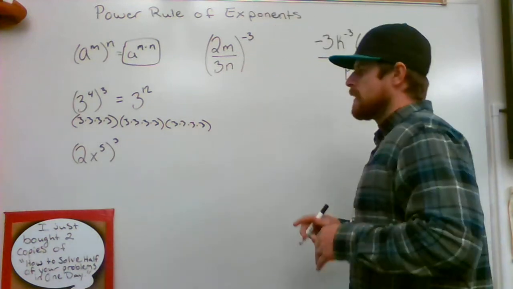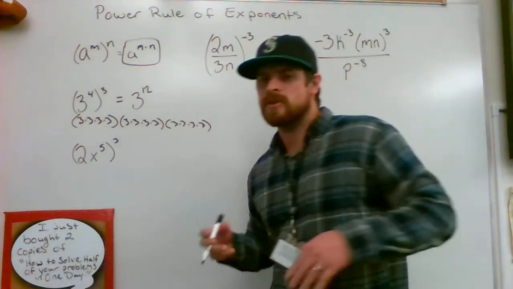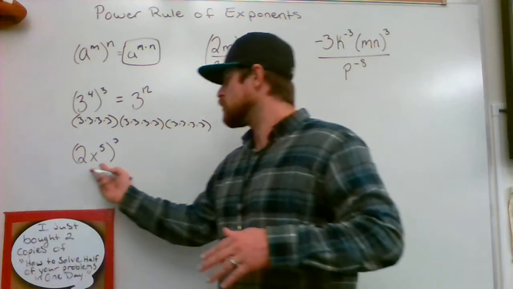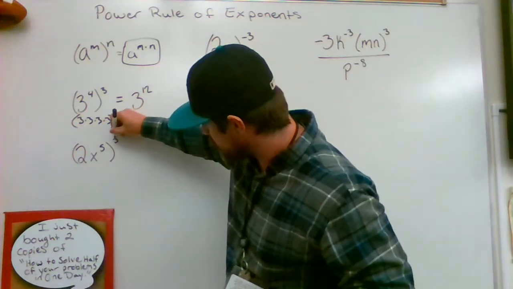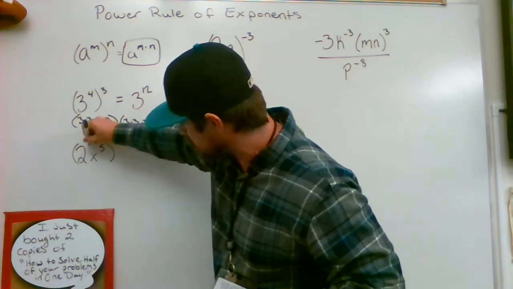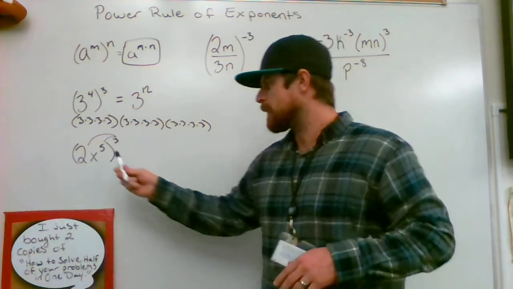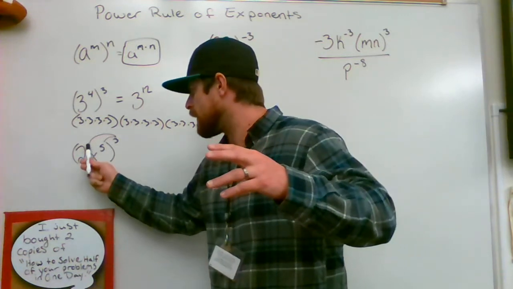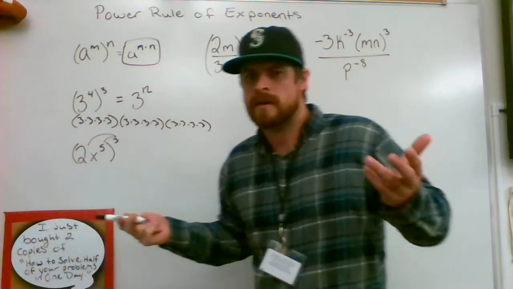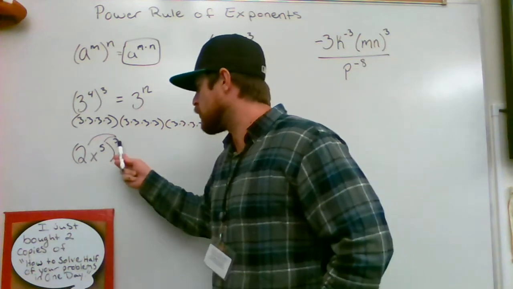All right. Go down here. Now this is something you need to understand. When you have two parts on the inside, you have to distribute that exponent that's outside of the parentheses to both parts. There's an invisible 1 right up here. We just don't show it. So that's saying 3 times 1 and 3 times 5.